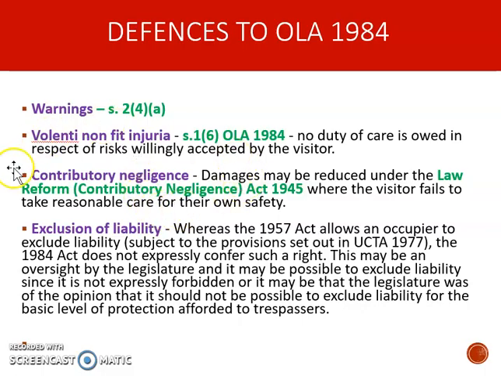The other big defence is contributory negligence. So it would be possible to find the occupier liable under the 84 Act, but then just reduce the claimant's damages in proportion to their own stupidity, if you like. So we can apportion the losses.